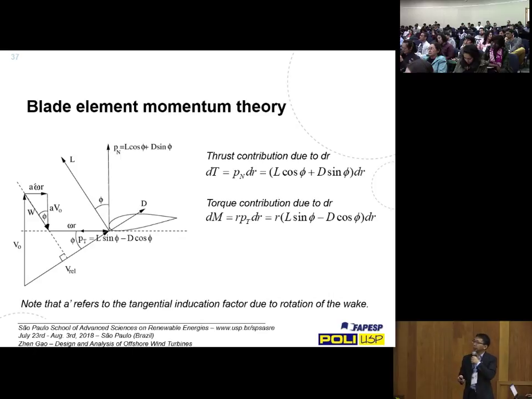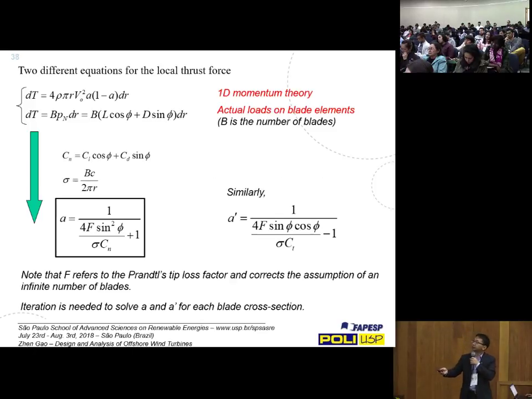And then if you combine this with the 1D momentum theory for that particular annular element, you can derive the actual induction factor on this particular blade run at the particular rotation speed.